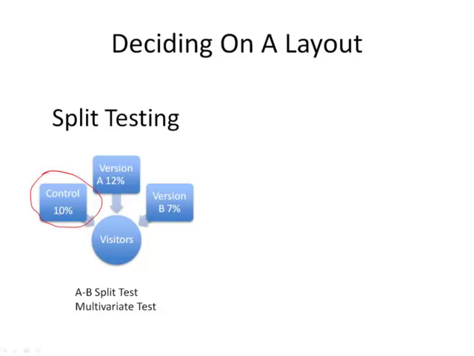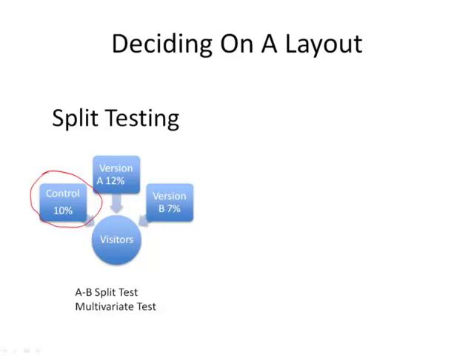You'd have one version of the landing page that you use as your control, meaning you've put enough traffic over enough time that you have a predictable outcome for that landing page. And then you change something.